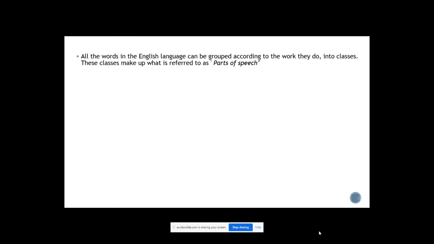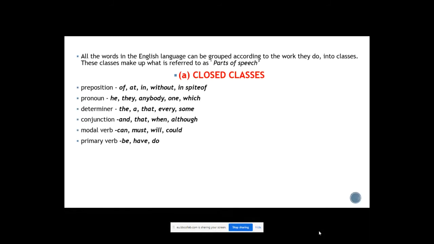All the words in the English language can be grouped according to the work they do into classes. These classes make up what is referred to as parts of speech. So here we have another distinction. We have closed classes, under which we have prepositions, pronouns, determiners, conjunctions, modal verbs, and primary verbs.